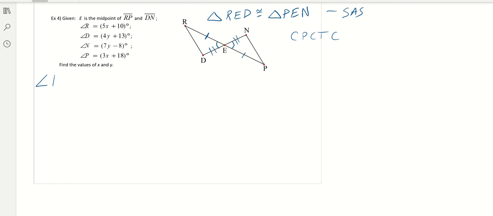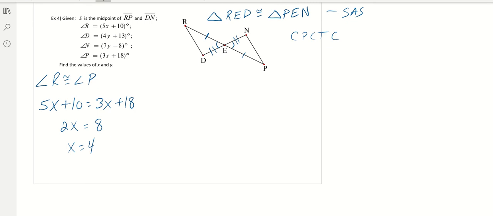We're going to say angle R is congruent to angle P. And I notice that in R and P, that's nice, they're both x's, so we'll just do this. 5x plus 10 is equal to 3x plus 18. We get 2x equals 8, x equals 4. Very good. So x equals 4.